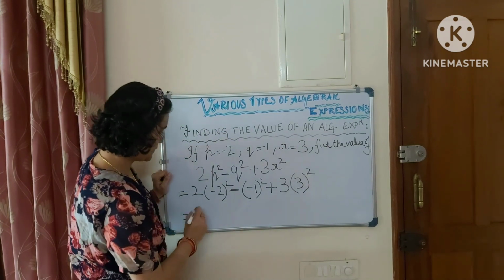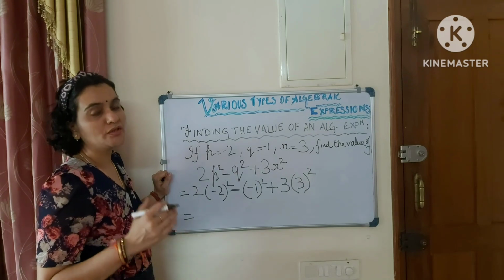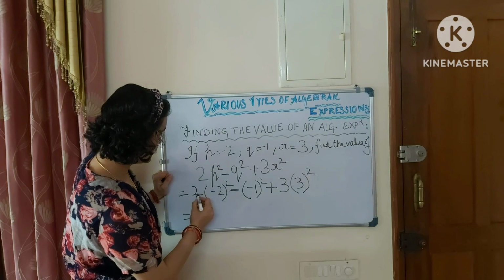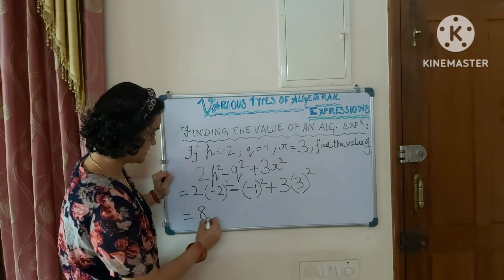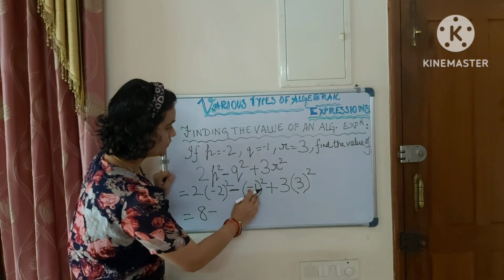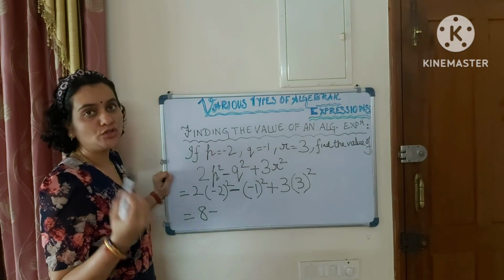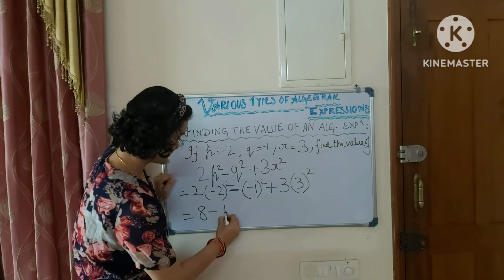Now if I try to find out, (-2) square is how much? 4. -2 into -2 we know is 4, so 4 into 2 is 8. Then I have to take this minus, write as it is. Now within the bracket there is -1 and it is squared, meaning -1 into -1. -1 into -1 is how much? +1, right?